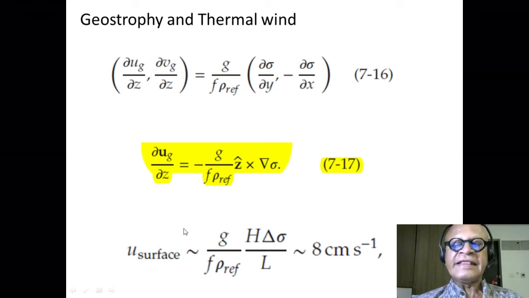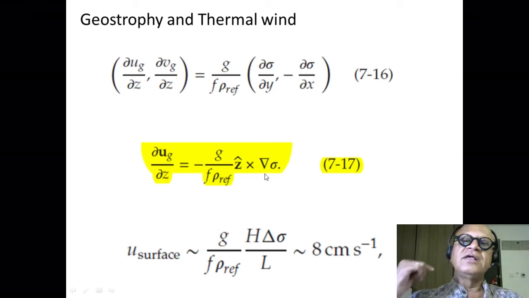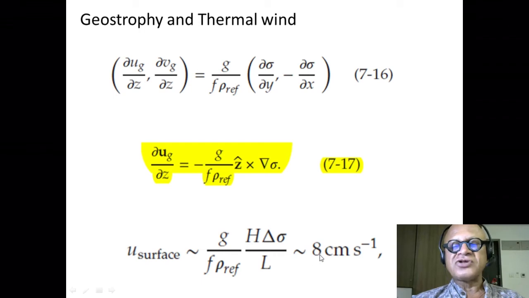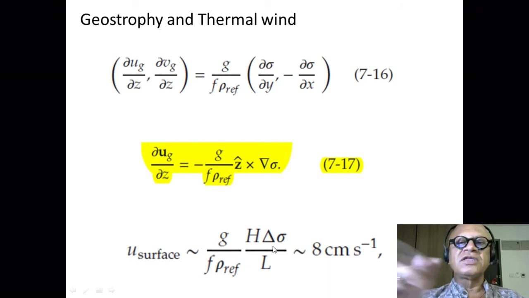In that case, for the ocean, if we use the same expression and look at the horizontal gradients in the sigma and the typical depth of the water column that we are interested in, and the variation over the horizontal scales of L, we get currents of the order of 8 centimeters per second at a particular location where these values were picked off from the sigma charts. And this is fairly accurate.